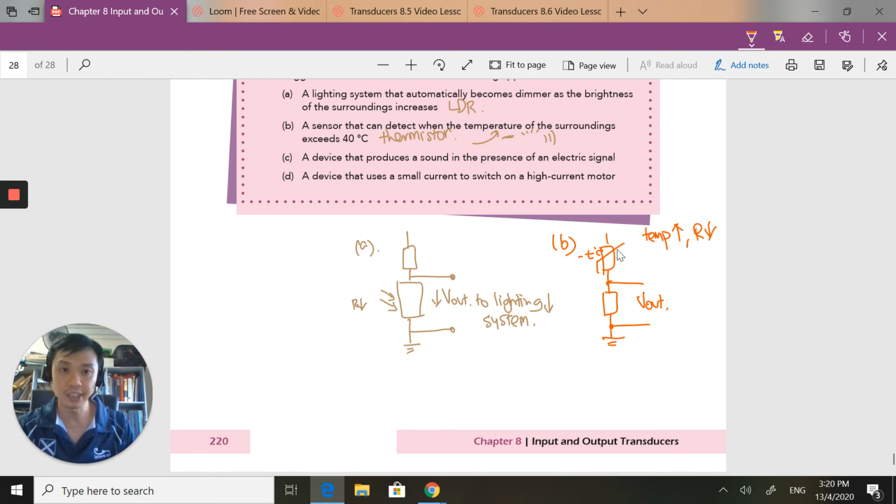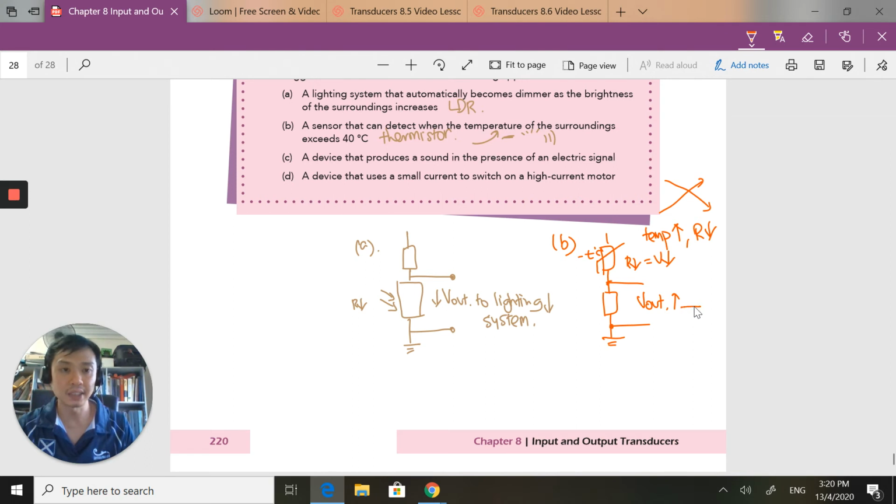The temperature is going up and up, which means the resistance is going down and down. So the resistance is lowering across here, which means the voltage here is also going down. And if the voltage here decreases, the voltage here increases. It's going up and up.